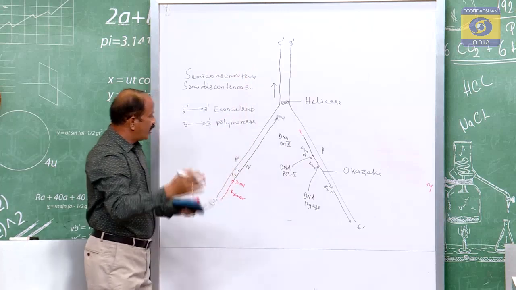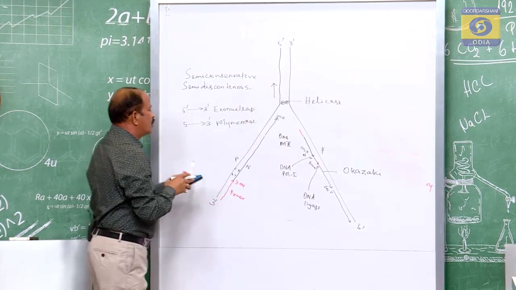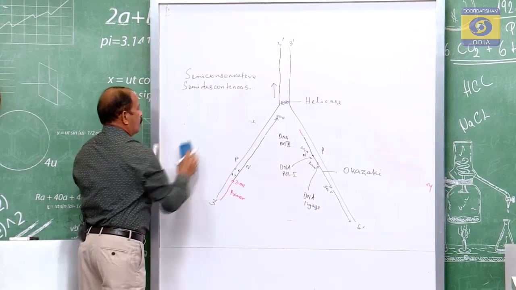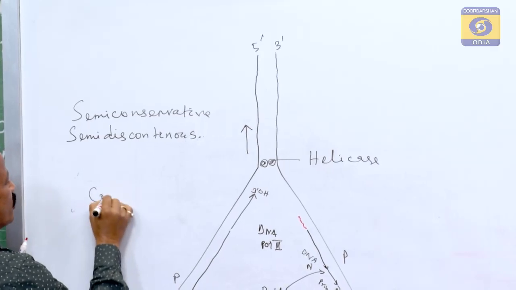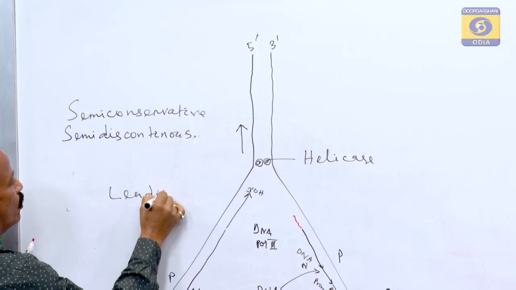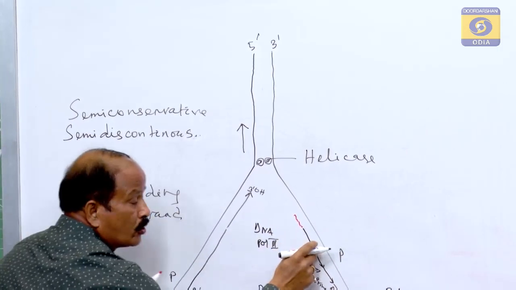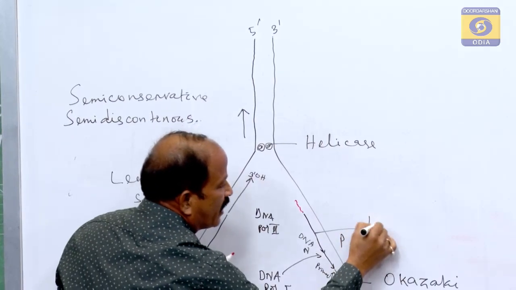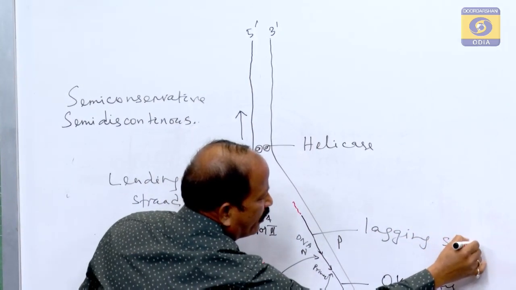Now, I can tell you this continuously synthesized strand is called the leading strand. This continuous strand is called leading strand, and this discontinuous strand is called lagging strand. What is the meaning behind this?